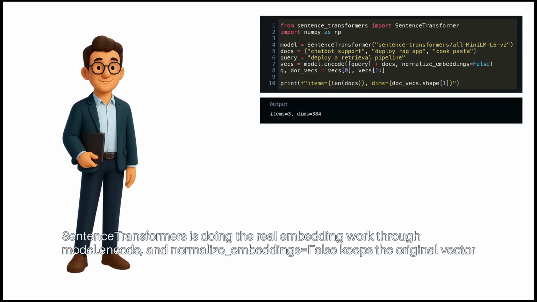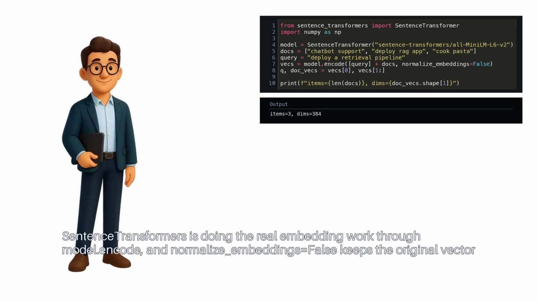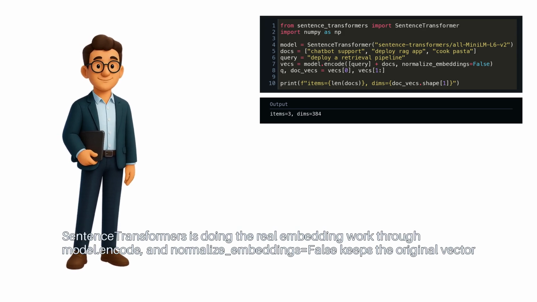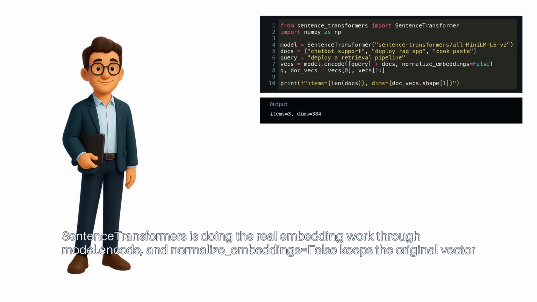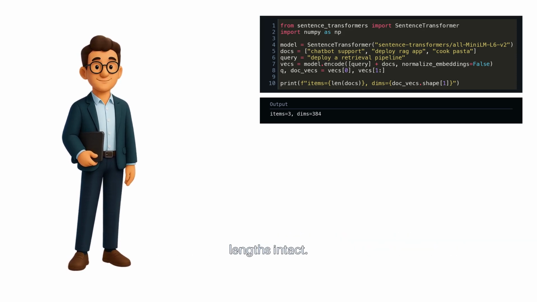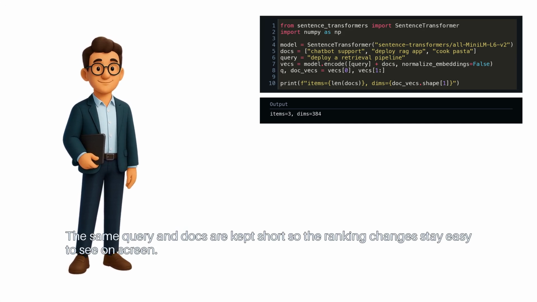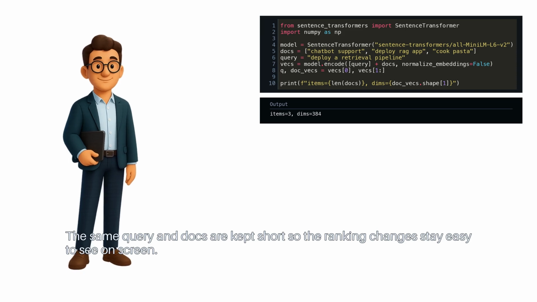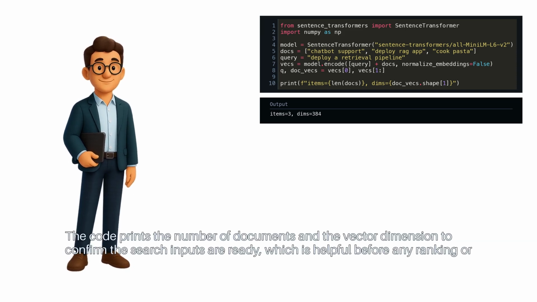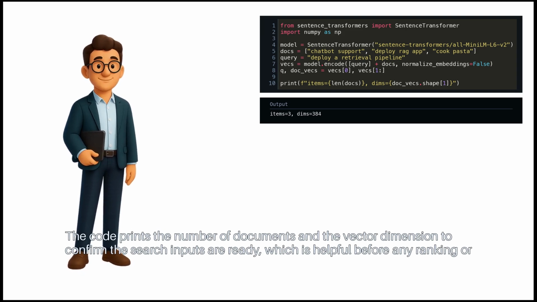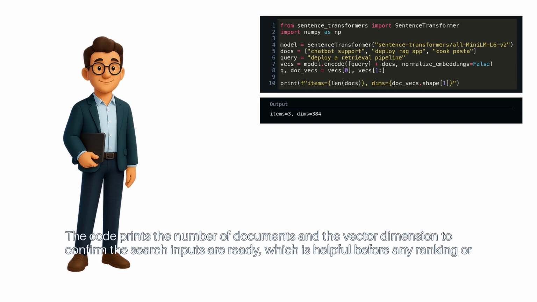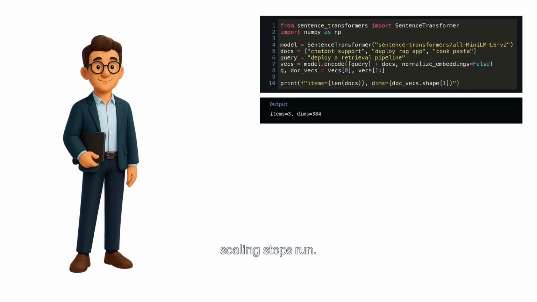SentenceTransformers is doing the real embedding work through model.encode, and normalize_embeddings=False keeps the original vector lengths intact. The same query and docs are kept short, so the ranking changes stay easy to see on screen. The code prints the number of documents and the vector dimension to confirm the search inputs are ready, which is helpful before any ranking or scaling steps run.